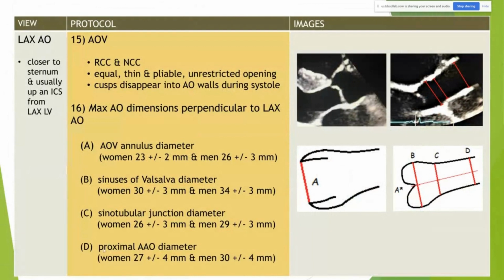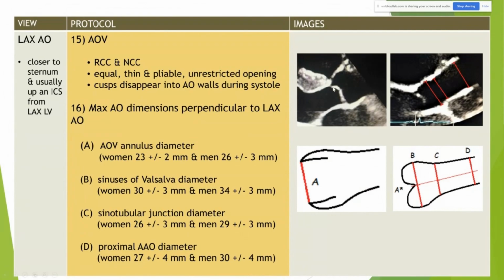So now, we're back to these measurements that I mentioned earlier. So in long axis, you want to zoom in on that aortic valve or the aorta, and the image is going to look like this.